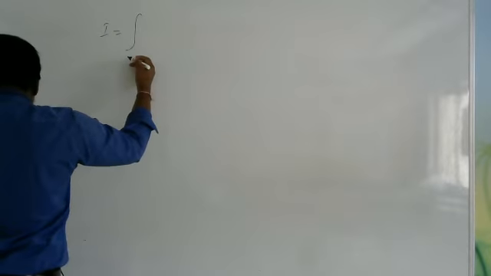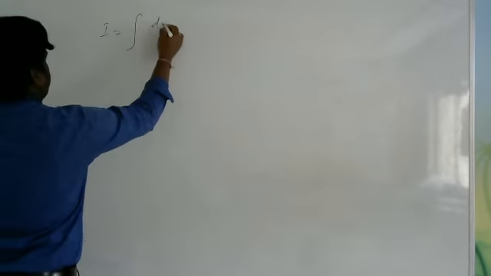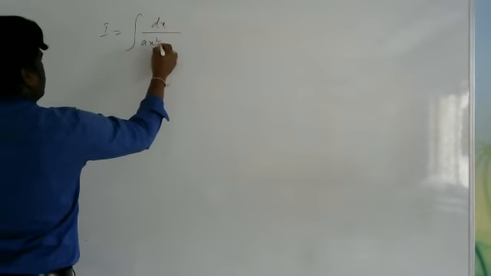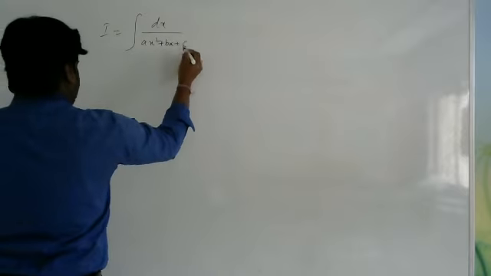Okay. So next formula. See, I am just giving you all the previous shortcut formulas. Then after that we will do the problems. Tomorrow we will do the problems. Okay. So I is equal to integration of dx upon ax square plus bx plus c.